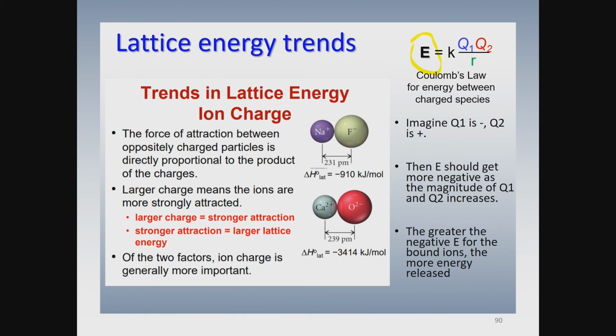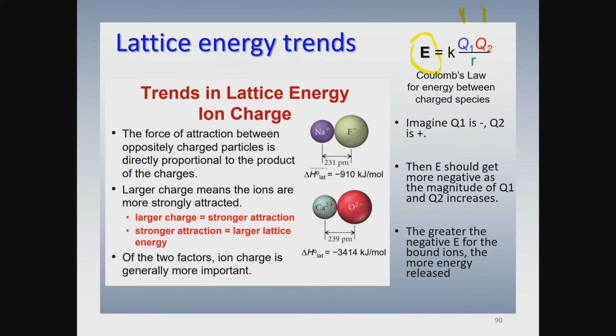When you have a sodium positive charge, it is 1 positive charge, so I'll put a 1 there. Here, the fluoride has a charge of 1 as well. So the value of Q1 will be 1, and the value of Q2 will be 1. Now let's look at calcium and oxygen.